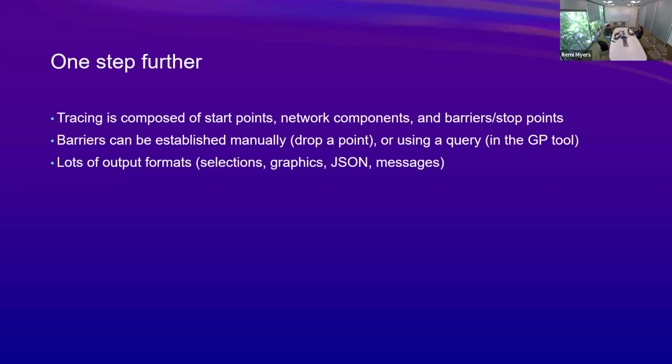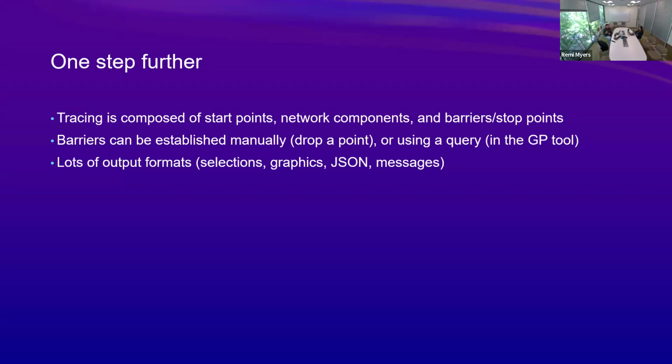These barriers can be established manually. So you can go on a map and say, I want to start here and I want a barrier here so my trace doesn't go beyond it. It also lets you build features and functions in the GP tool, kind of like I did for the isolation trace. So think of barriers as a parameter that stops the selection set of a trace.